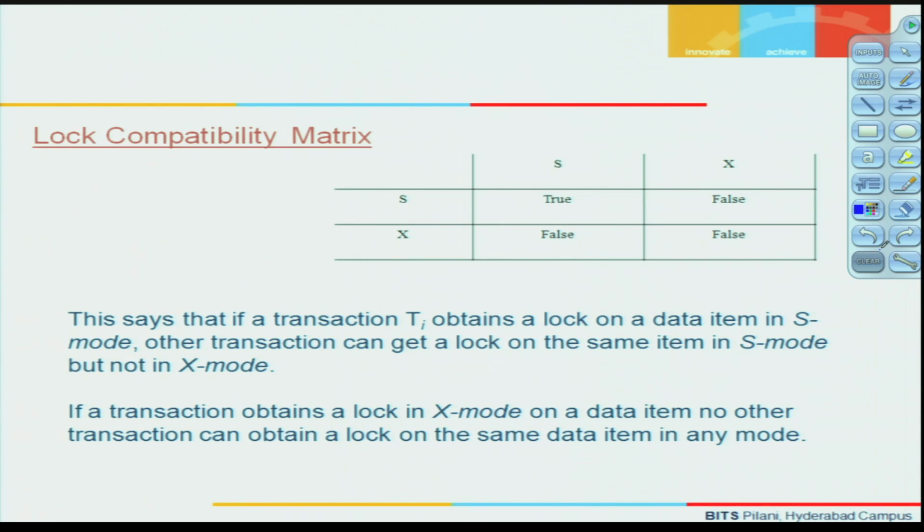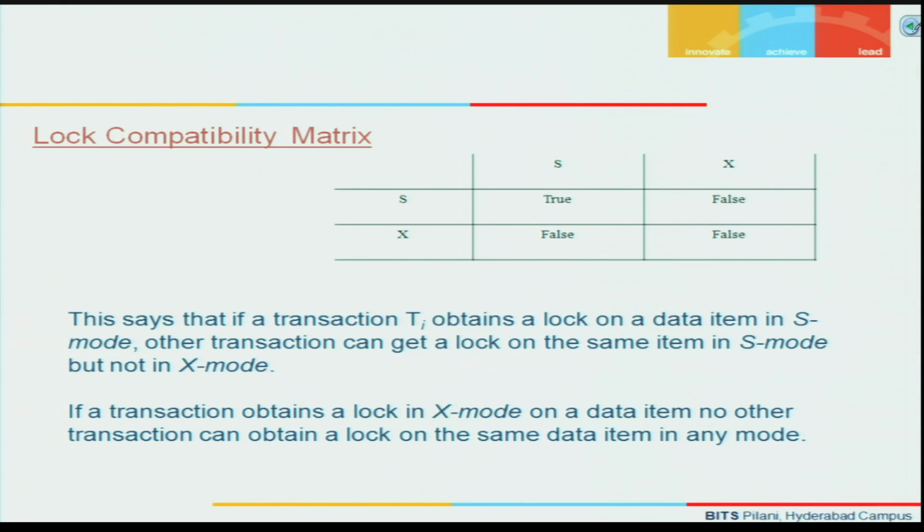Now, let us have a look at this lock compatibility matrix. Let us assume that a transaction T1 acquired a lock on a data item in shared mode. Then other transactions can acquire a lock on the same data item in shared mode, but no other transaction can acquire a lock on the same data item in exclusive mode.